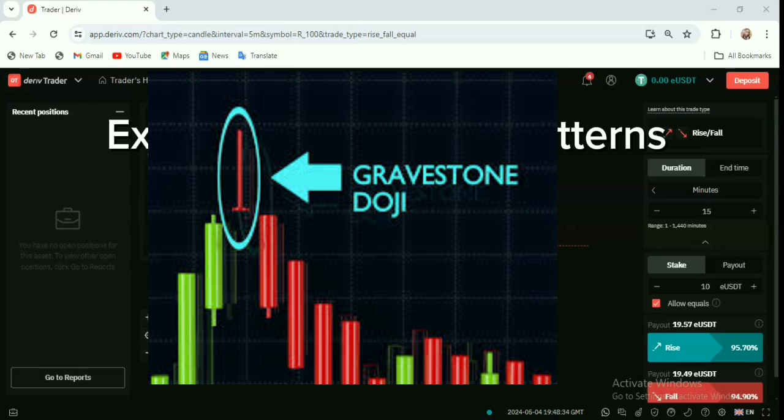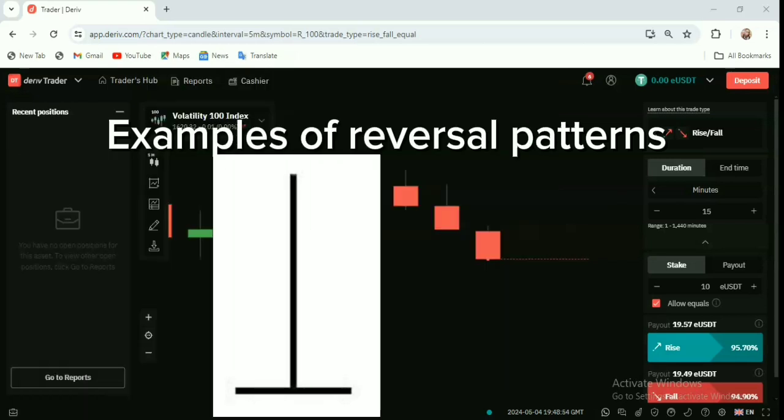We move to the gravestone doji. The gravestone doji is the opposite of the dragonfly doji. It appears when price action opens and closes at the lower end of the trading range.